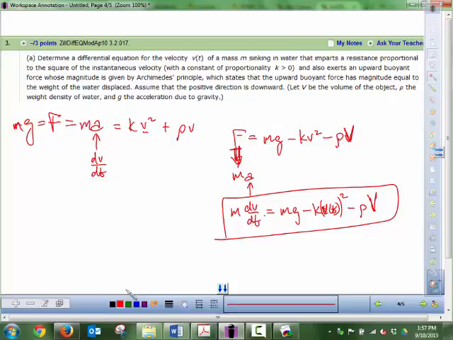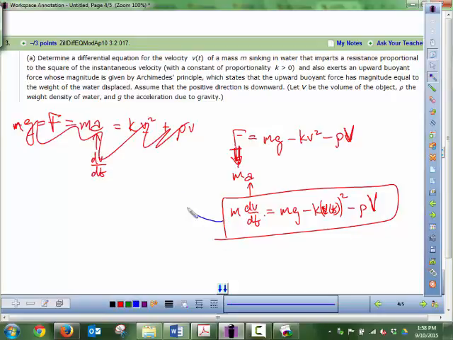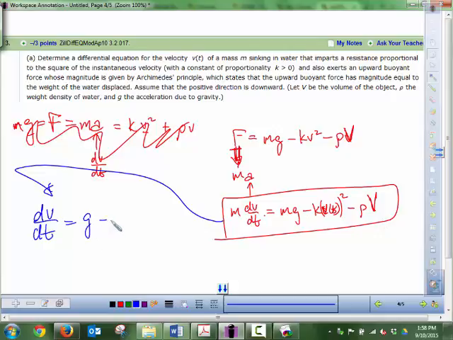Well, we can take the m out. dv/dt is equal to, divide everything by m, g minus k little v squared over m minus rho capital V over m.